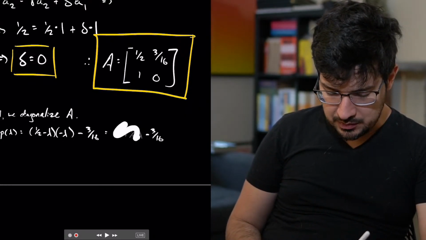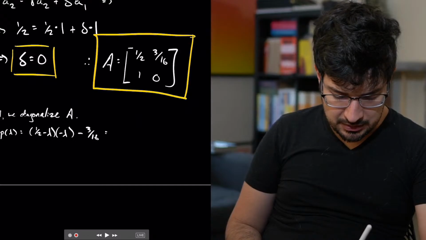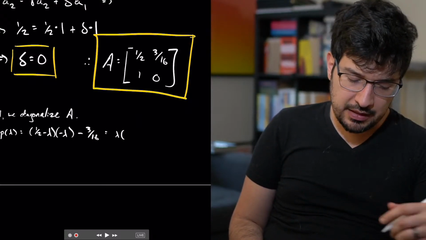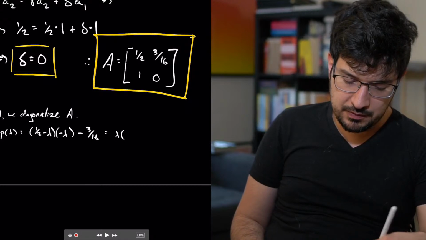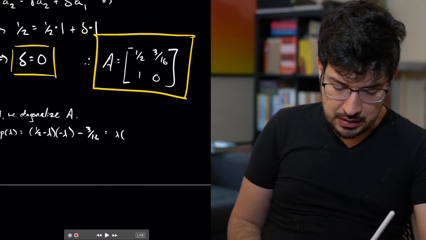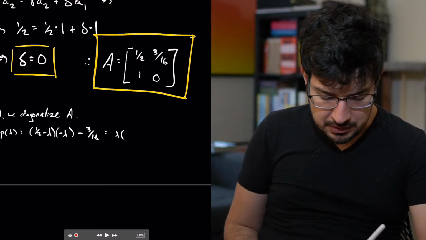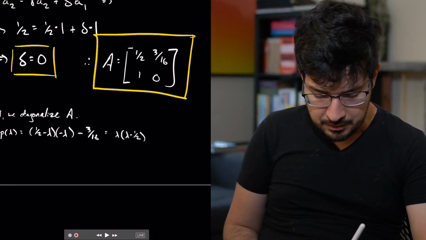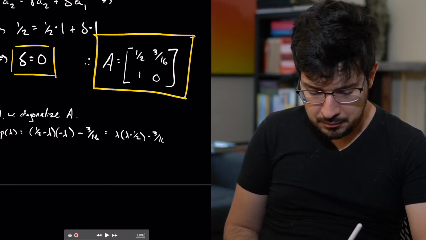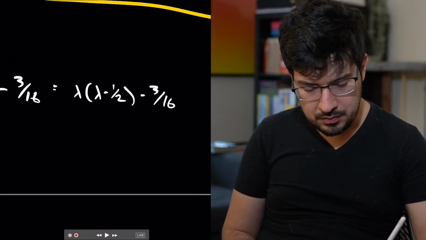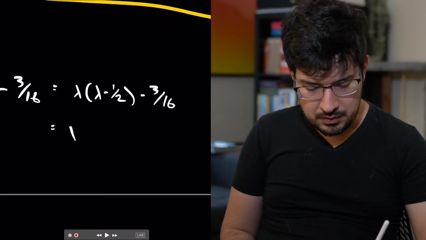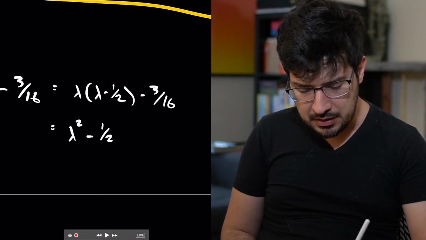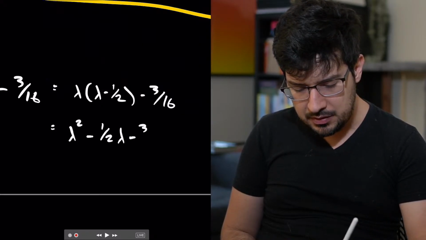I'm going to pause for just a second, make sure I didn't make an oopsie. So I'm factoring out -1 from each of those product terms. Lambda times lambda minus 1/2. This is lambda squared minus a half lambda minus 3/16.